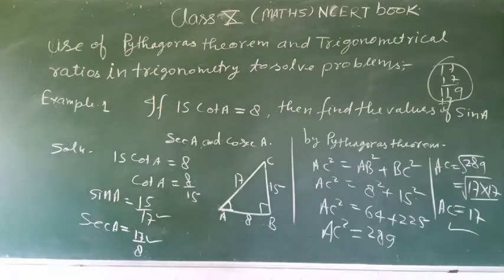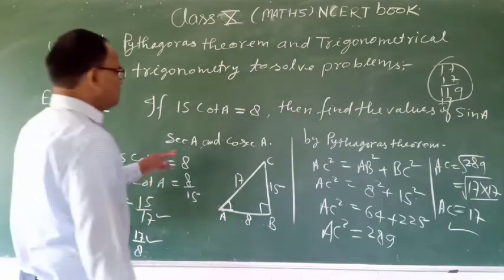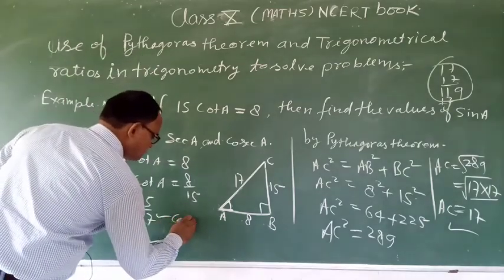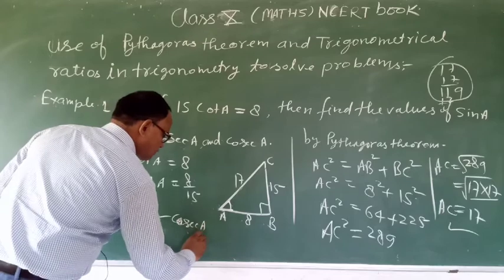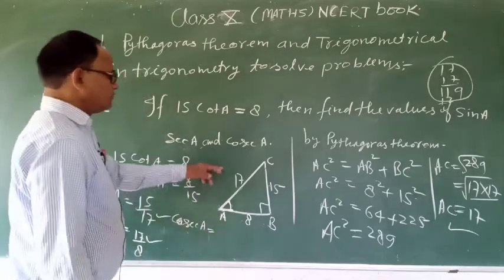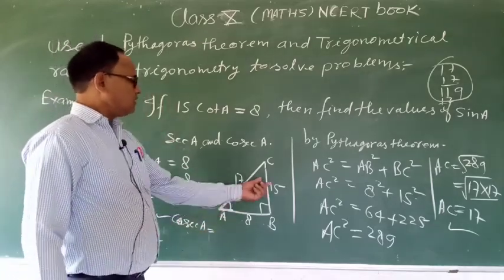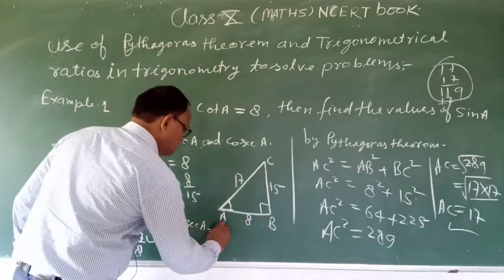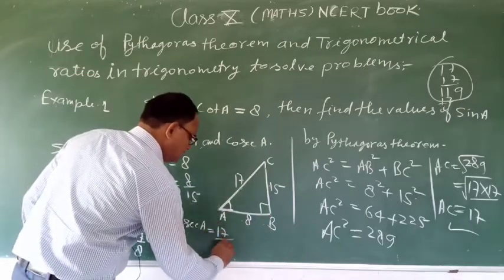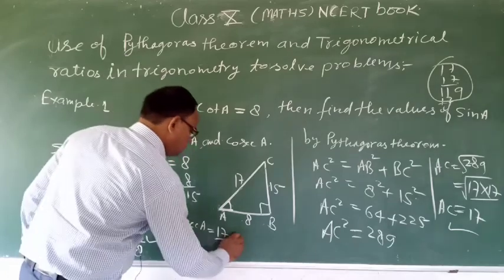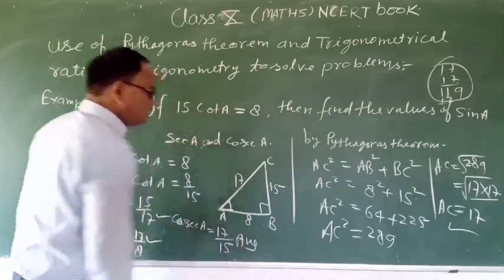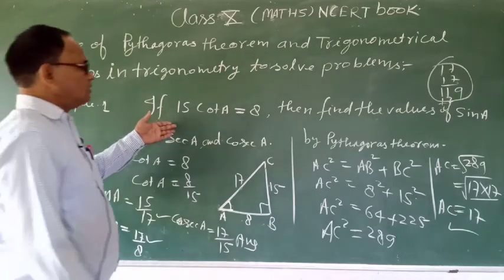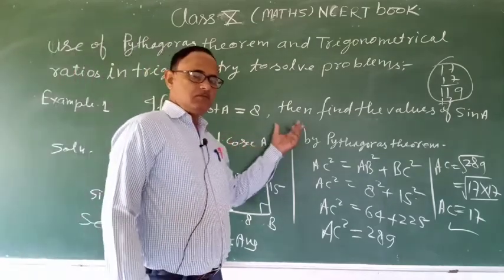Okay student, and here you can write cosec A is equal to hypotenuse by perpendicular line, 17 by 15. So these types of problems you can solve by this method.